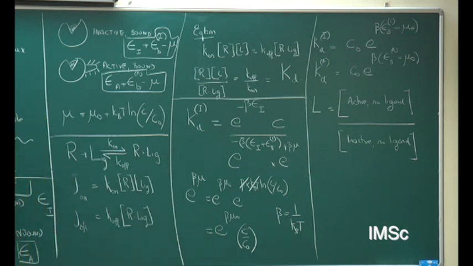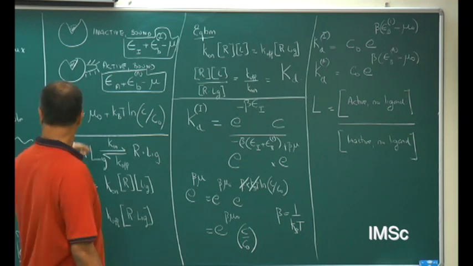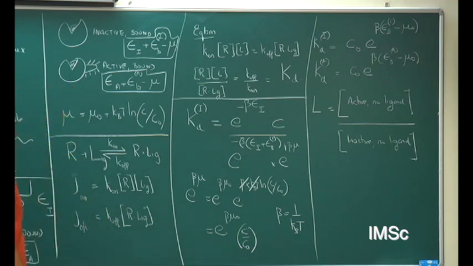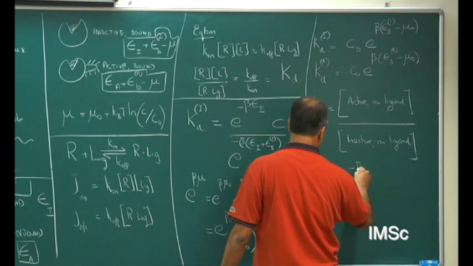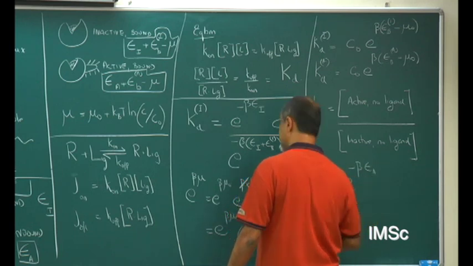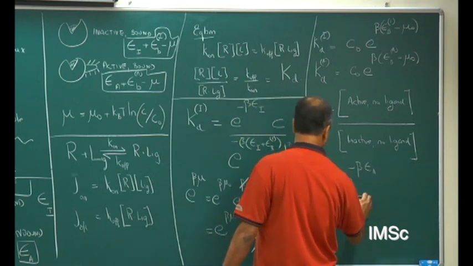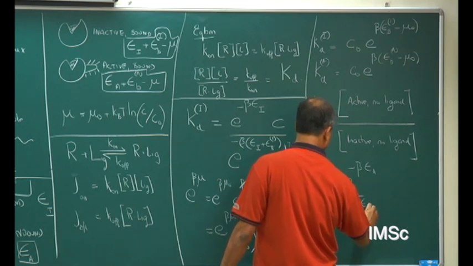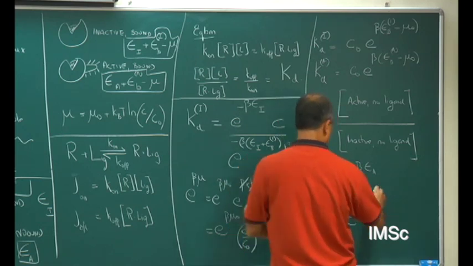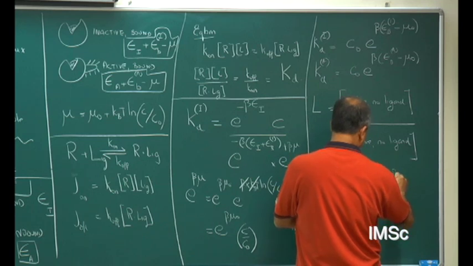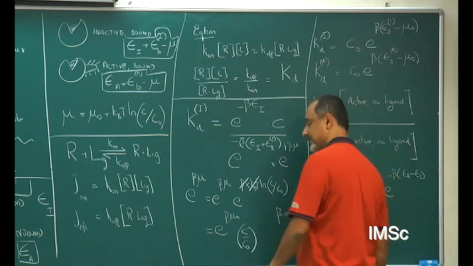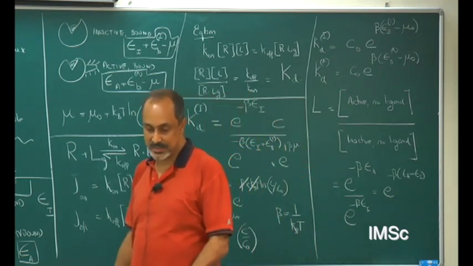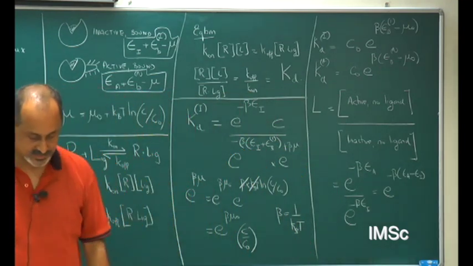So the term on top would have this one here, e to the power minus beta times epsilon active divided by e to the power minus beta times epsilon inactive, which is e to the power minus beta epsilon active minus epsilon inactive. This is a quantity that I defined as L the last time.